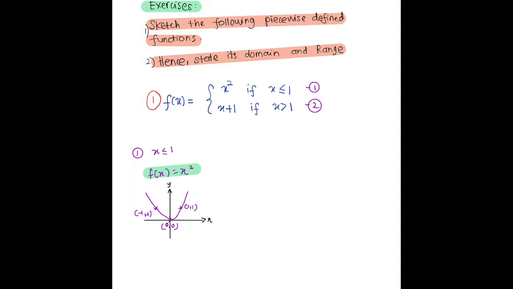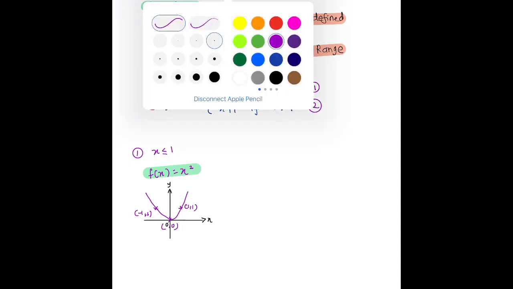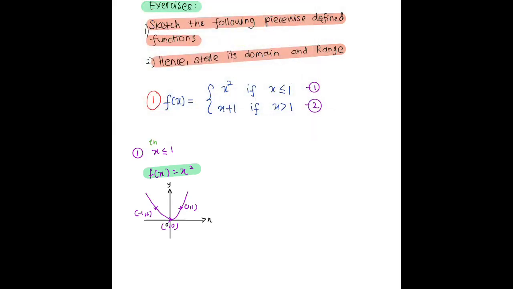So now, let's look back to our endpoint here. Let me write here your endpoint. Your endpoint is the point of 1. So you already have the coordinate of 1. When x is 1, your y is also equal to 1. So this is the point 1, 1.